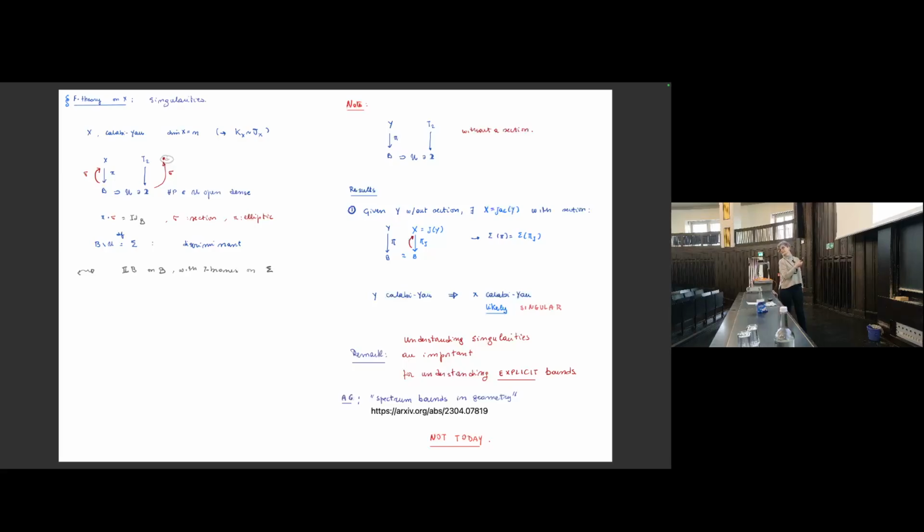So on a large open set, there is a Calabi-Yau threefold X on top, a base B, and a fibration where the fiber is a T2, a torus, at almost all points, and there is a section. So we can go back from the base up to the Calabi-Yau.